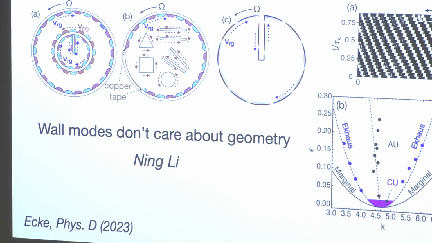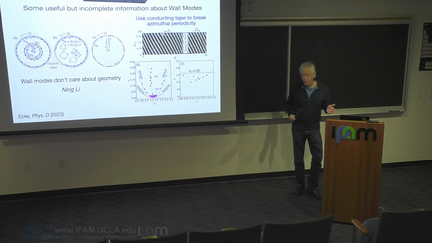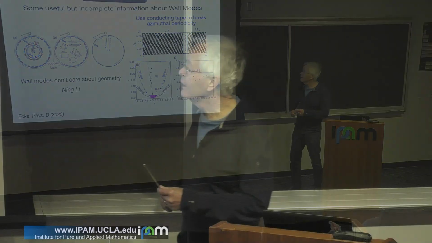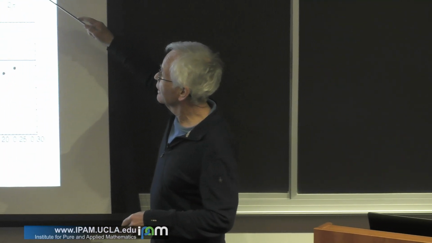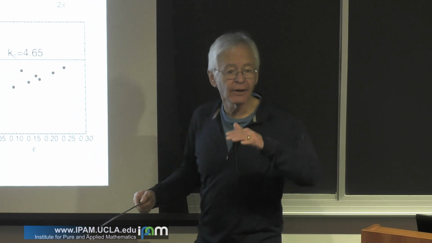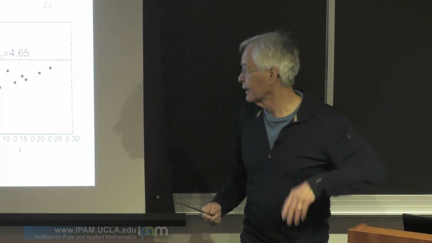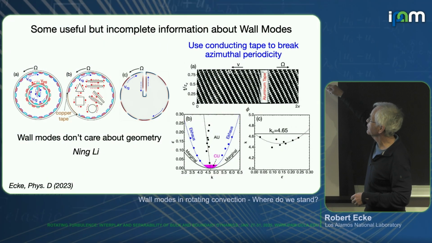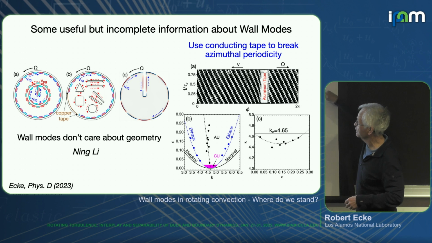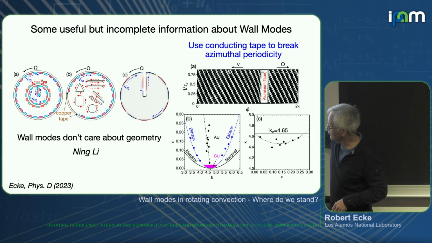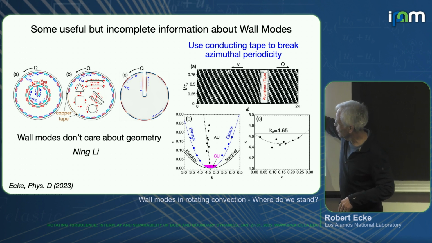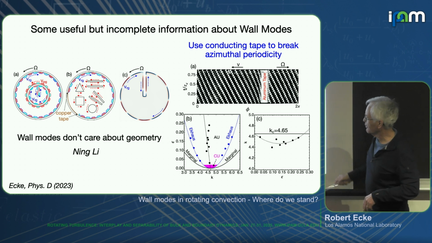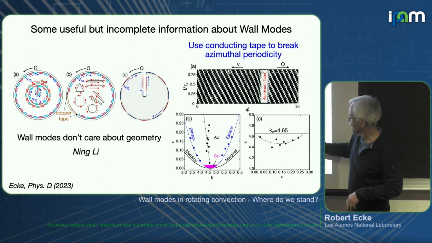But the other nice thing that we did is Edgar had pointed out, and we knew this from the work of Herman and Busse, that conducting boundaries have a higher transitional Rayleigh number. And so we just tried, we put in aluminum tape, and sure enough, that breaks this azimuthal symmetry, and now you can track out what the selected preferred wave number is in the middle of the band rather than having discrete values.